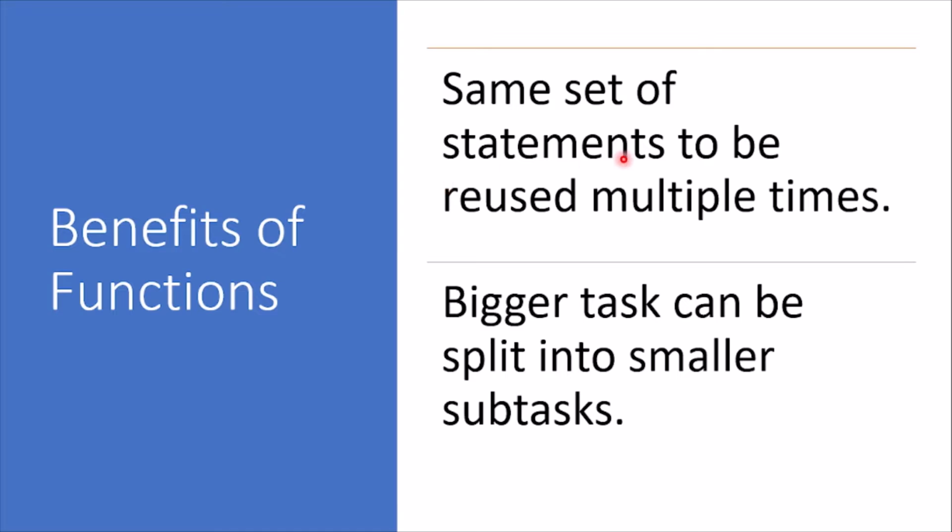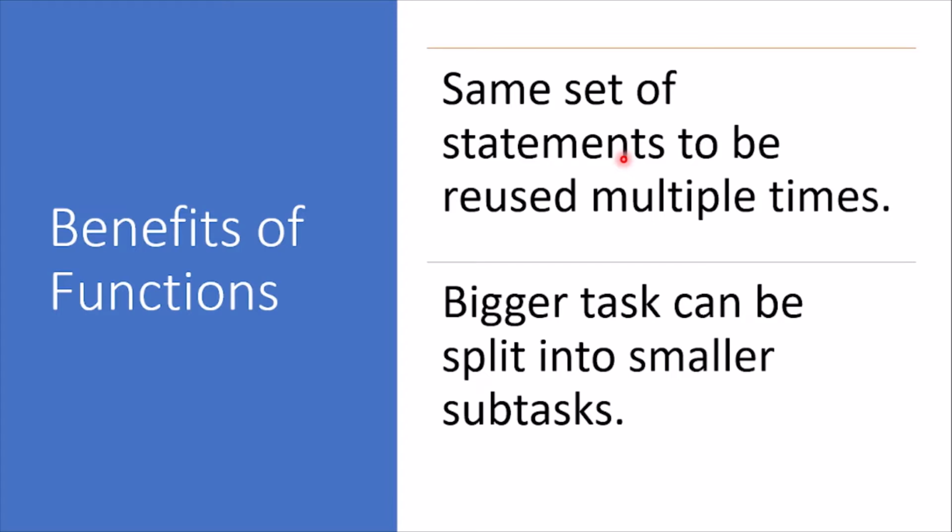For example, if you want to use the same set of statements multiple times at multiple places in your program, rather than copying and pasting all the code, you can create the function once, and after that you can call it using a single line statement, and that will reduce the size of the Python program. So that is one benefit of creating a function.